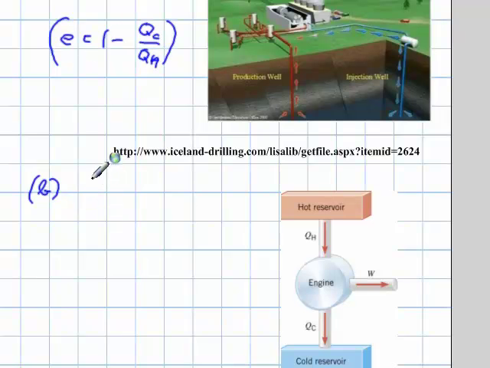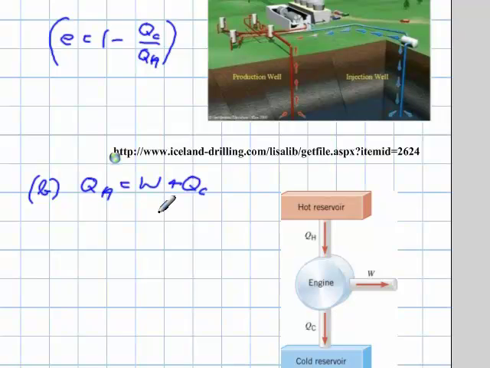The other equation is the conservation of energy for a heat engine, QH equals work plus QC. And again, we have two unknowns, QC and QH. The W is given. That was 84,000 kilowatts, which is 84,000 kilojoules per second. Again, here we have two variables though, QC and QH.